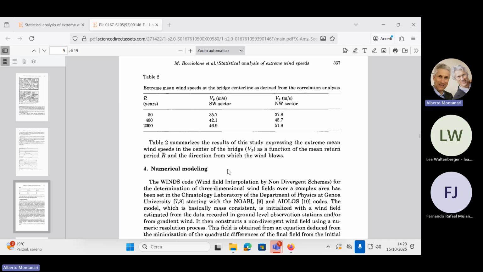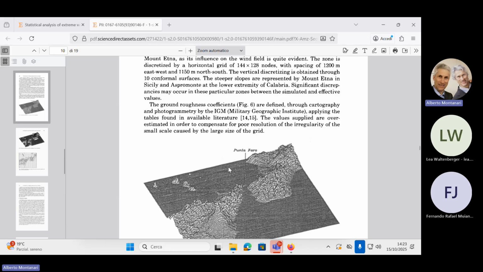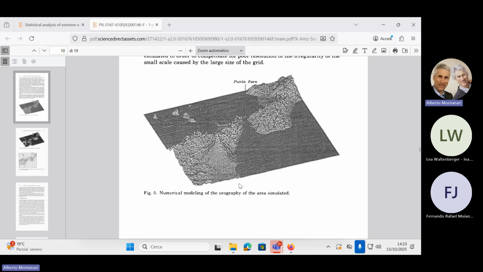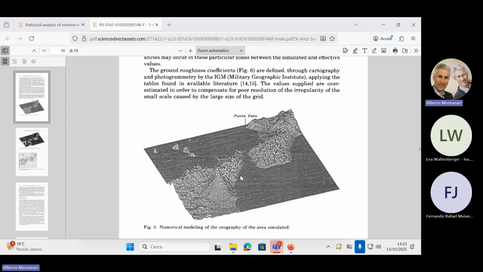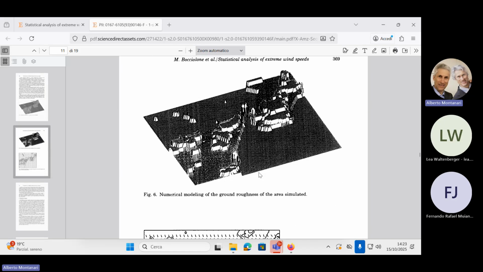And then there is the numerical modeling, the explanation, they explain the code, etc. And here there is, I think, the numerical modeling of the orography. This is like a weather model that they apply, like a climate model, but it refers to a small surface. Climate models usually work all over the world. This is a regional model. Okay, and then this is numerical modeling of the ground roughness.